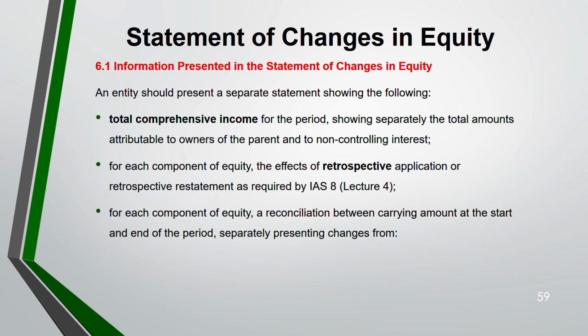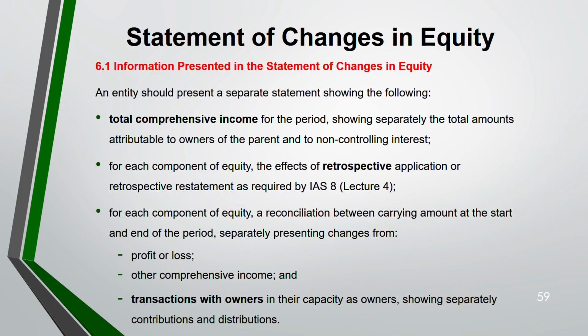Now, for each component of equity, there should be a reconciliation between carrying amount at the start and end of the period separately, presenting changes from profit or loss, other comprehensive income, and transactions with owners in their capacity as owners, showing separately their contributions and distributions.